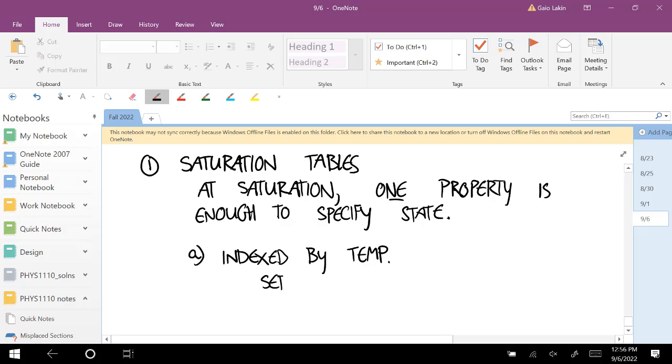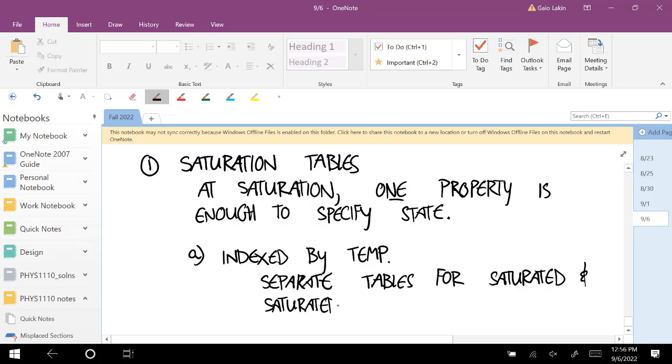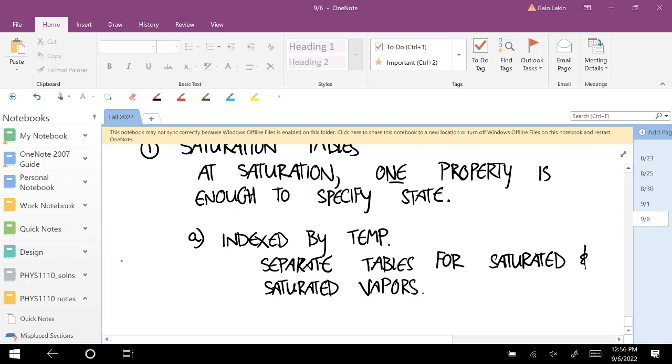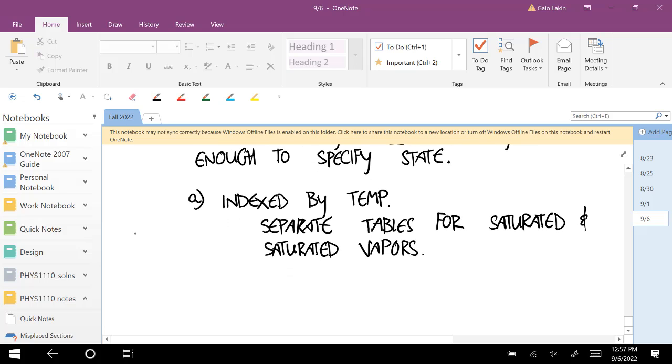So they're separate tables for saturated liquids and saturated vapors. We'll also use tables that are indexed by pressure.